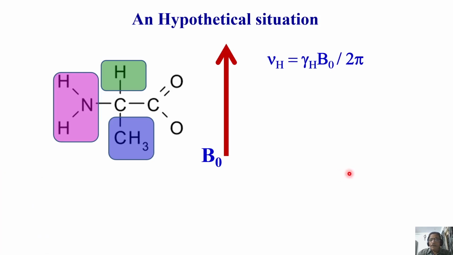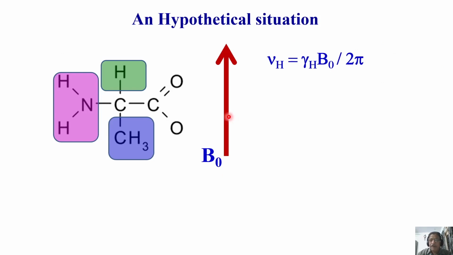Now, if you proceed further in this molecule, according to this equation, do you find any distinction between the different protons present here? This is a general equation. It does not say whether the resonating condition is for NH protons, CH proton, or CH3 protons. This equation does not distinguish any of these functional groups.